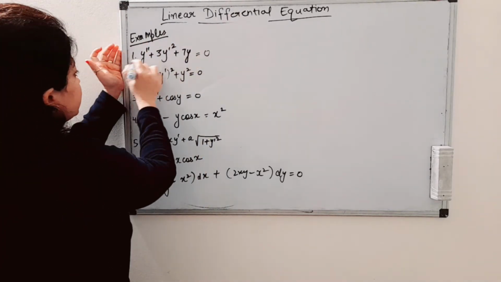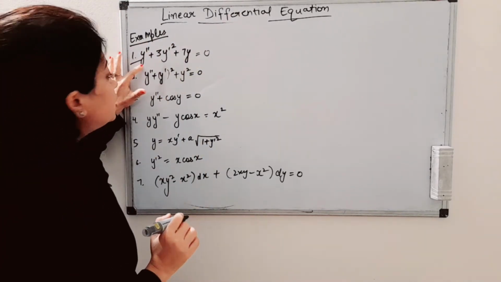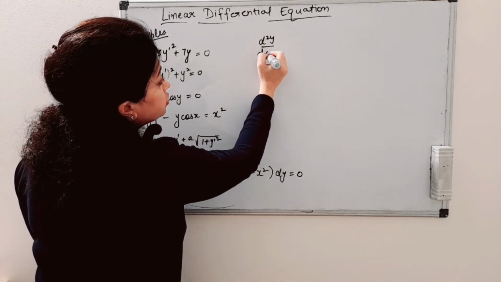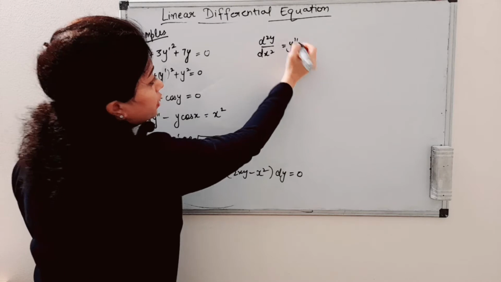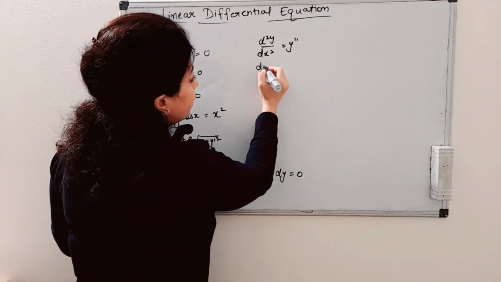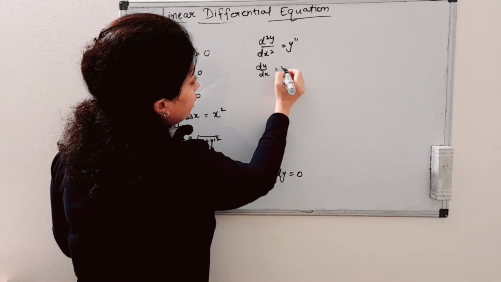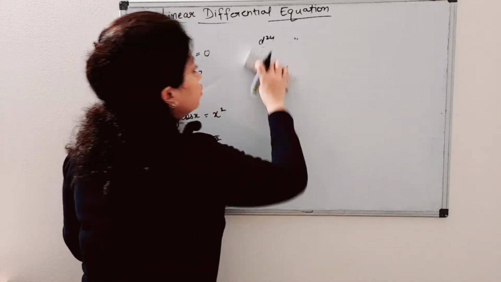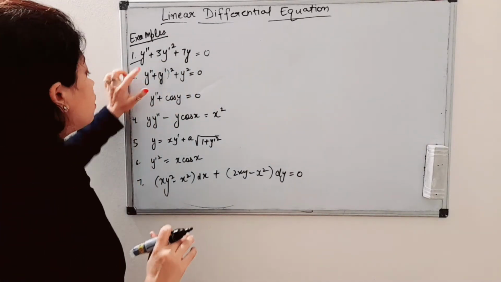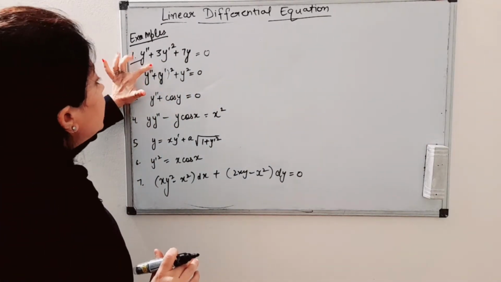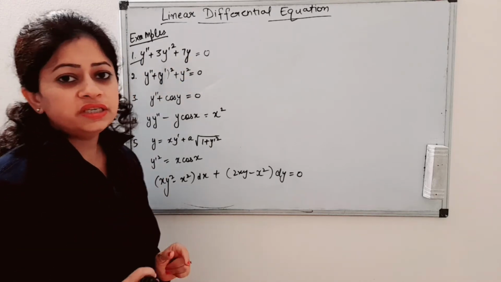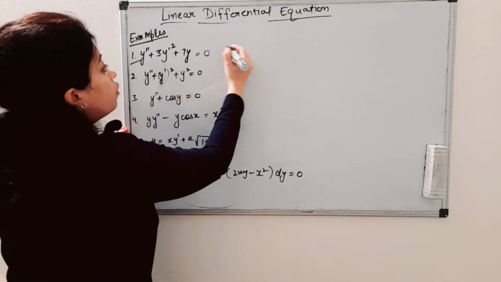See the very first example, y double dash. I am not writing d2y/dx2. Instead of this, I am writing y double dash, so you can understand this. And dy/dx we are writing as y dash like this. So the first question is y double dash plus 3 y dash square plus 7y is equal to 0. So here, what is the order?